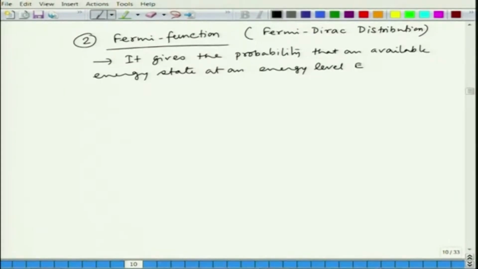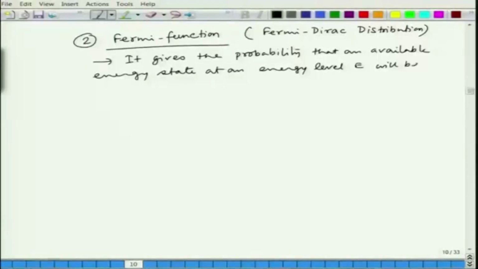So, what does this one give? It gives the probability that a particular energy state among many which are available at energy level E will be occupied by an electron at absolute temperature. Okay. So, it will be a function of temperature.